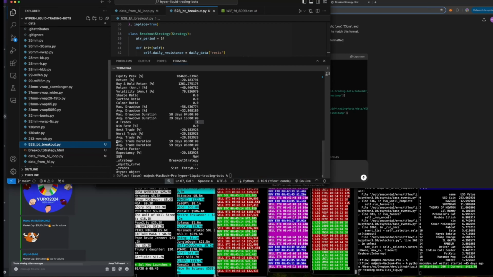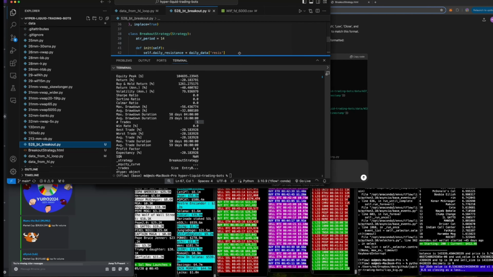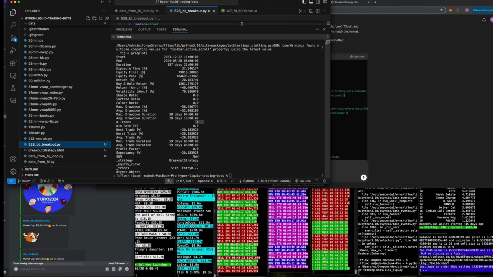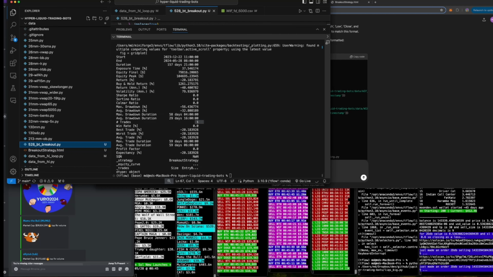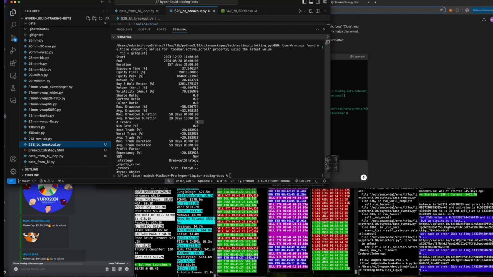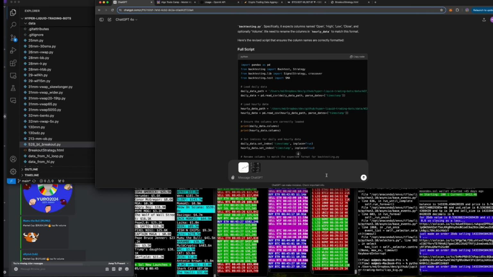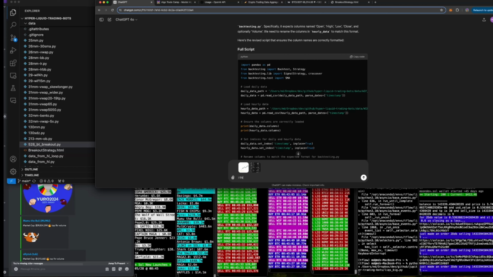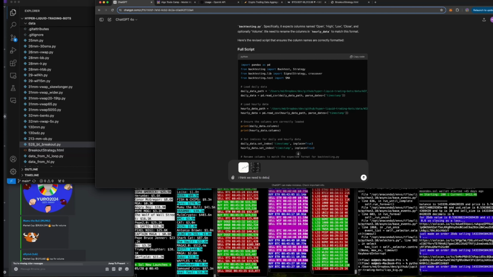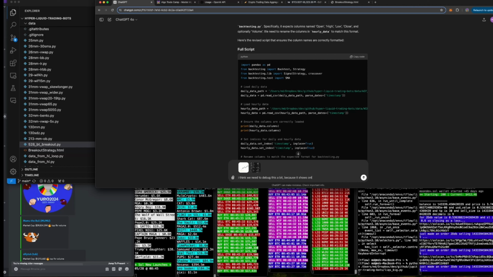Let's go ahead and also give it this stat, this data here. I think we need to debug this a bit because it shows only one trade.